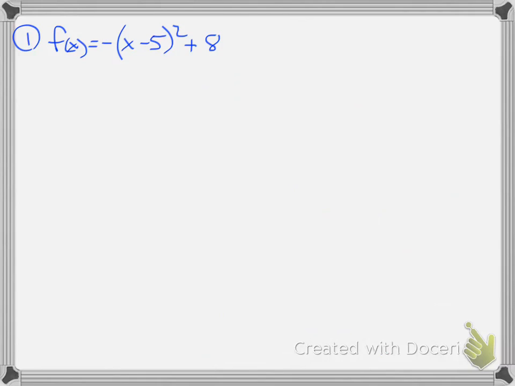And so I have this function, and the question is going to be to find the vertex, axis of symmetry, and the min or max.